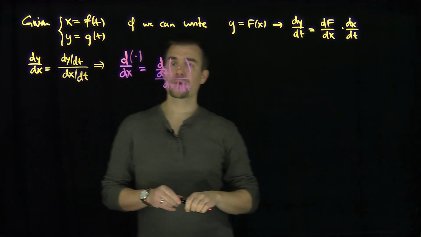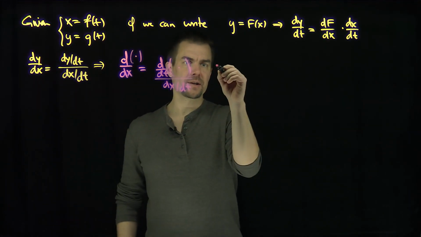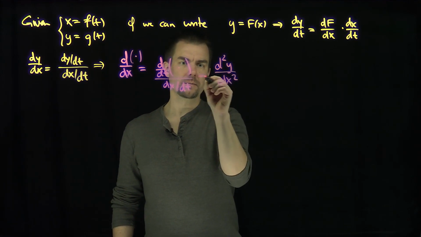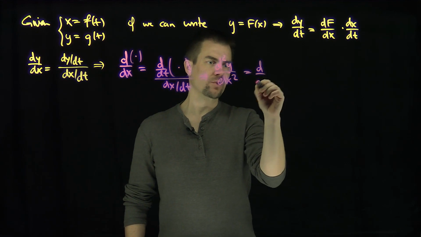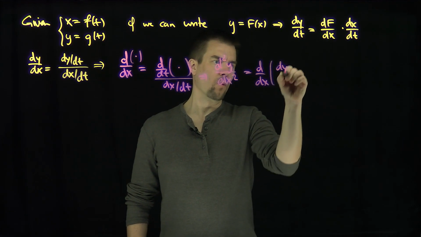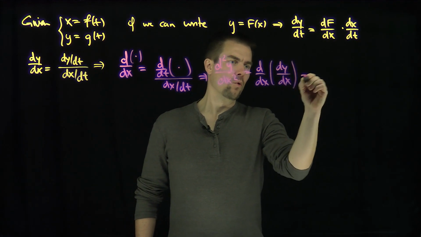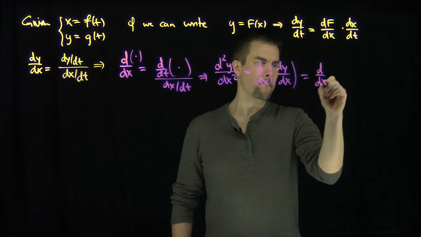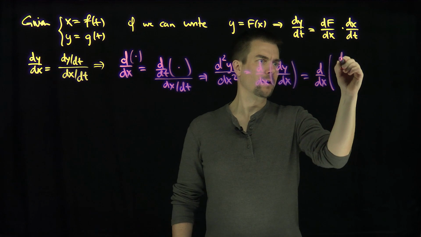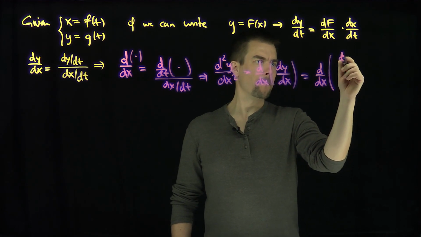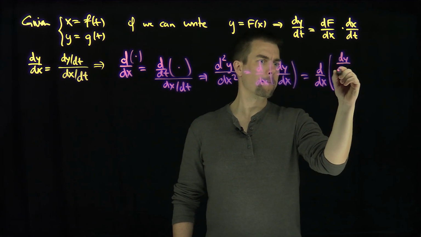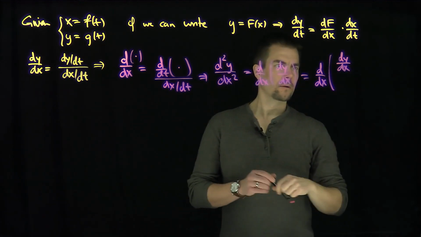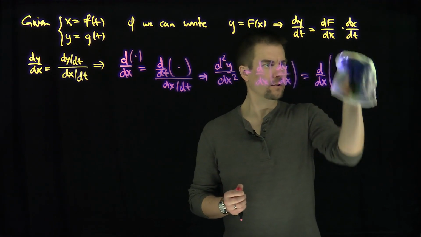So that tells me that d squared y dx squared is really the x derivative of the y derivative, which is the x derivative of this ratio, dy dt over dx dt. So let's do that.